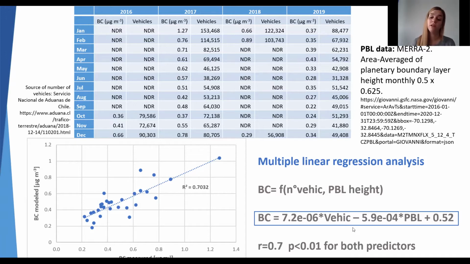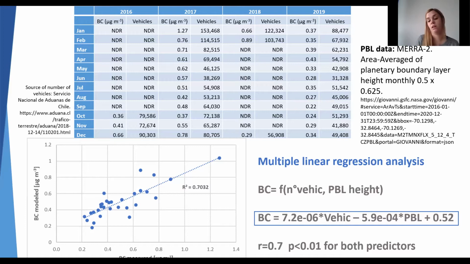That means that the black carbon levels that we measured come mainly from local sources, because when the PBL is higher, the levels are more diluted and the black carbon levels are lower.